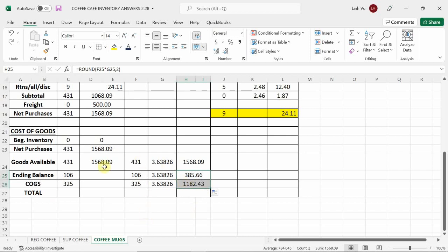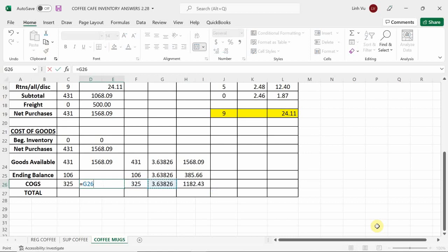So I calculated 325 units at a cost per item of $3.63826, and we now get a total cost of goods sold of $1,182.43.